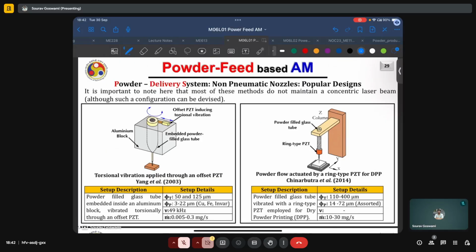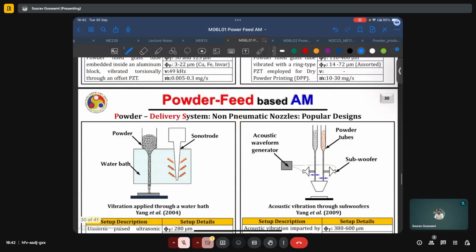The diameter of the powder particles is also larger, between 14 and 72 micrometers, and a wide assortment of alloys have been printed using this process. While the exact frequency of vibration has not been specified, the mass flow rate, as we can see, is 2 orders of magnitude higher than the maximum in the previous case, going between 10 to 30 milligrams per second.